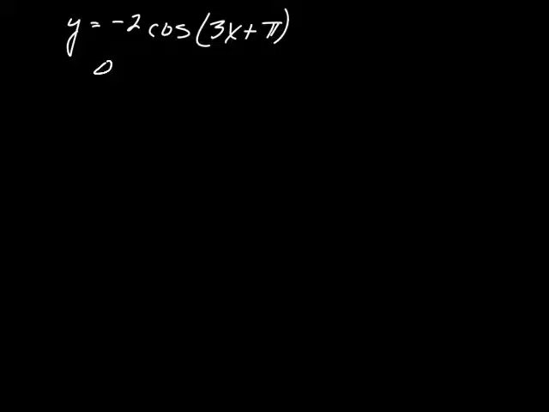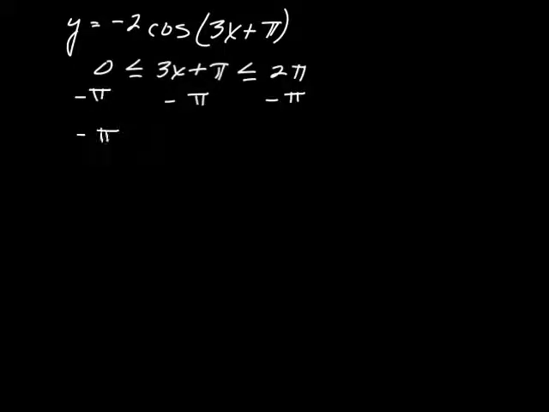So we know it has a phase shift, so we're going to take 0 is less than or equal to 3x plus pi is less than or equal to 2 pi, which is our period. We're going to subtract pi, and over here we get a negative pi, we get a 3x, and we get a 2 pi minus pi, which is 1 pi.